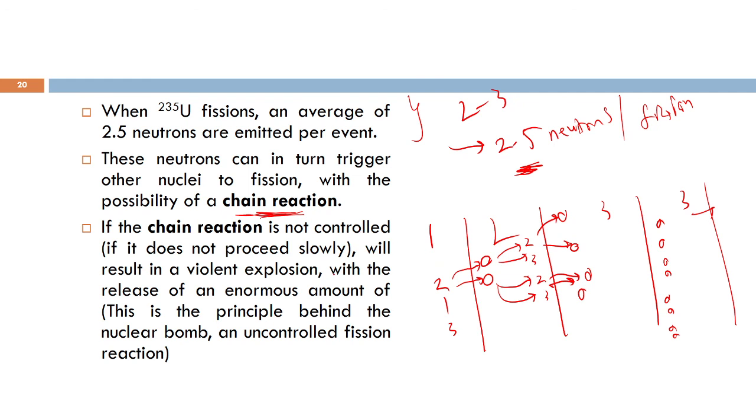It will continue if you don't control this production of neutrons, so the fission will become violent. This is the principle of the nuclear bomb, an uncontrolled fission reaction. But in a nuclear reactor, this production of neutrons is controlled.